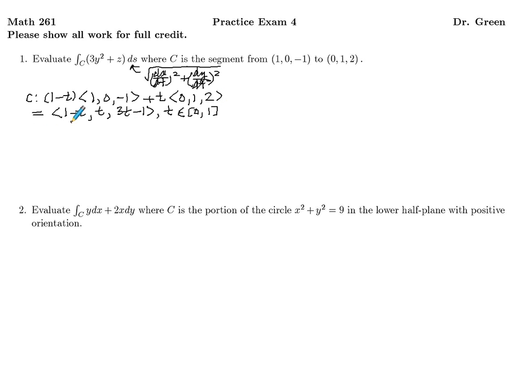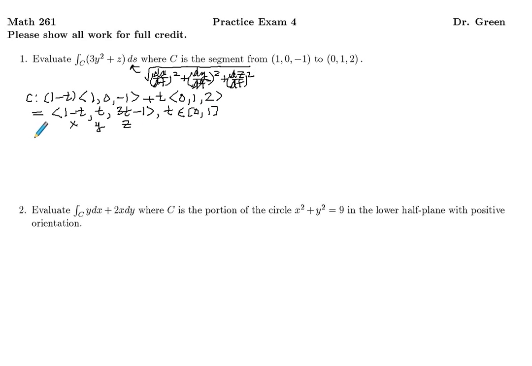Alright, so here's our x: x is 1 minus t, our y is t, and our z is 3t minus 1. Actually here in ds, since we've got a three-dimensional curve, we're going to have to add one more term in here, (dz/dt) squared.